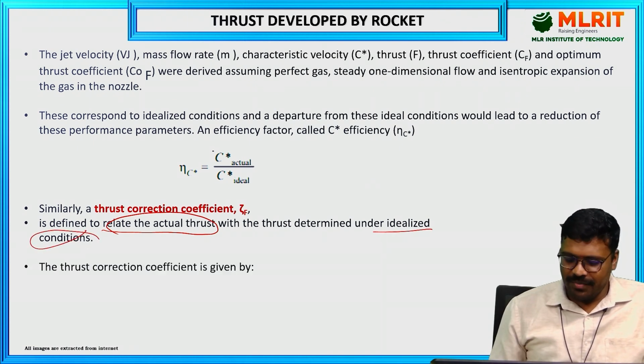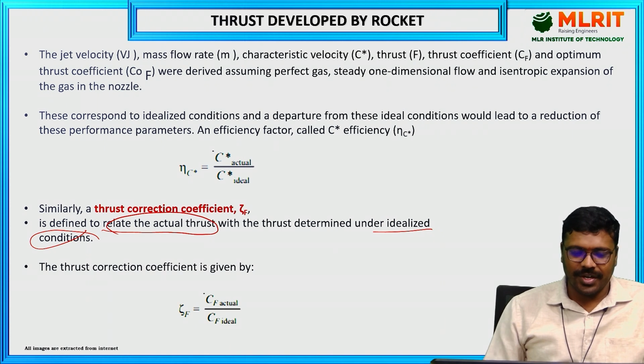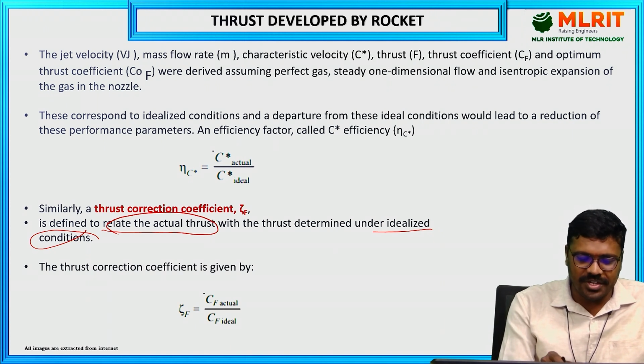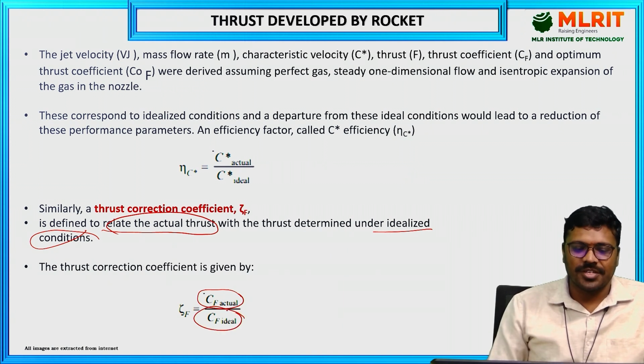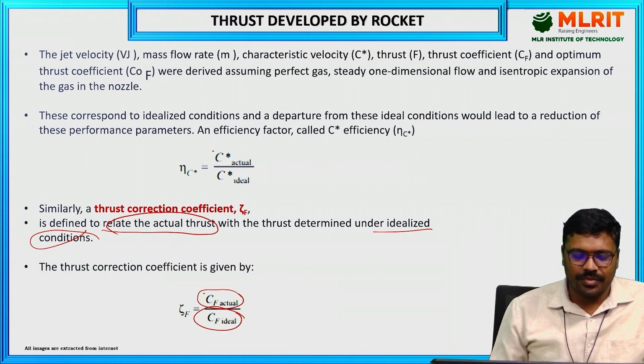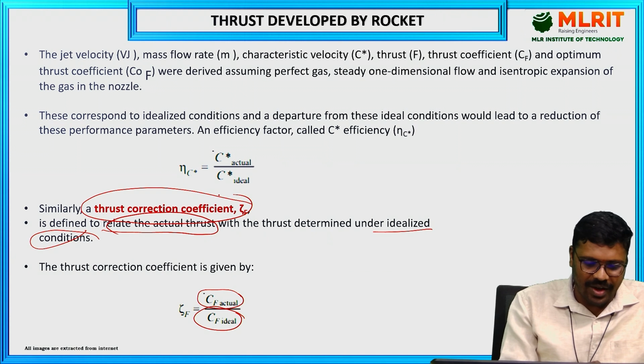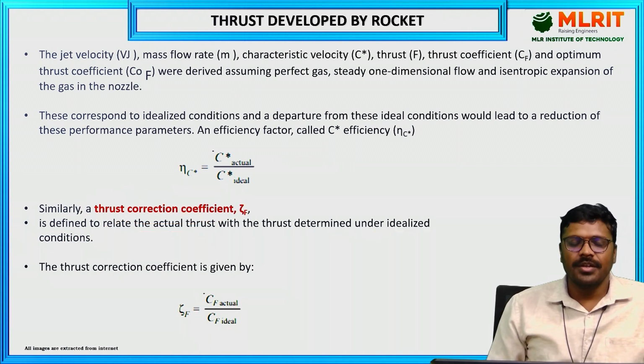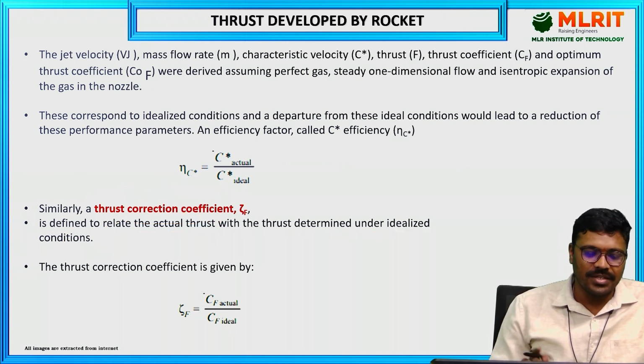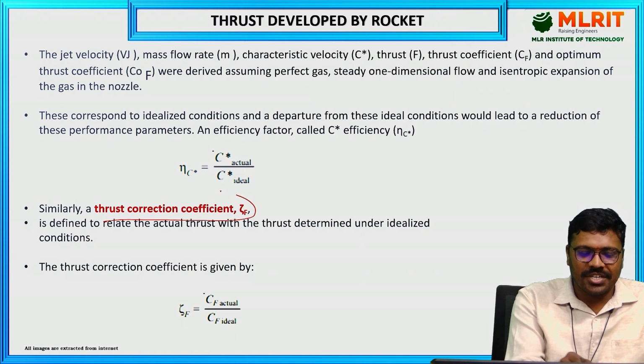The thrust correction coefficient is given by the actual thrust coefficient CF divided by the ideal thrust coefficient CF. The ratio of the actual thrust coefficient to the ideal thrust coefficient is called the thrust correction coefficient.